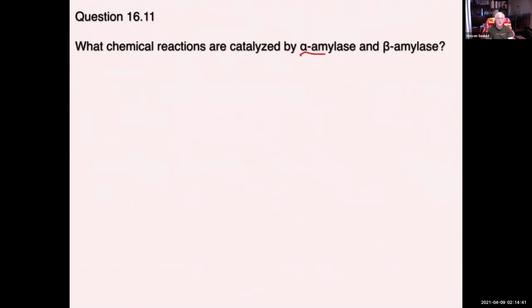So what chemical reactions are catalyzed by alpha amylase and beta amylase? Alpha amylase does what? It takes amylose and just chops it into pieces. It's a big long chain of glucose molecules, and it just randomly comes in and chops it up.